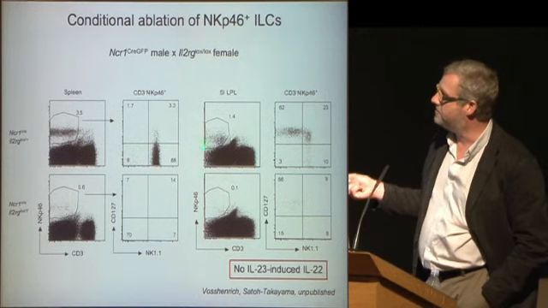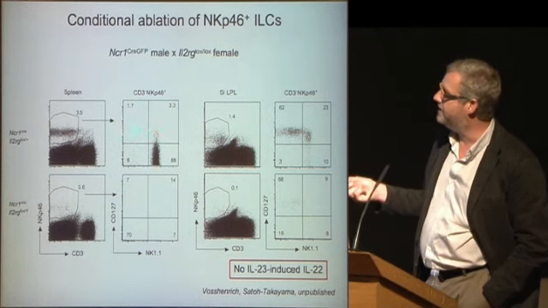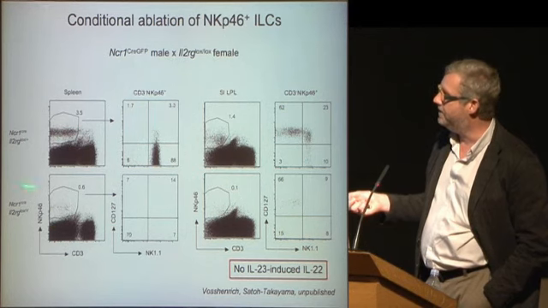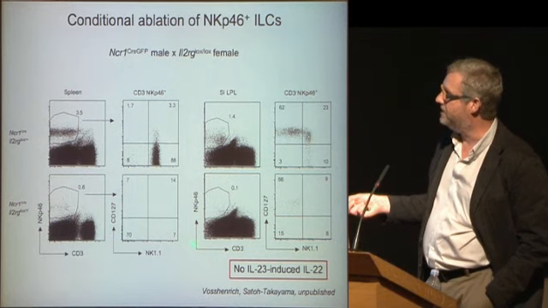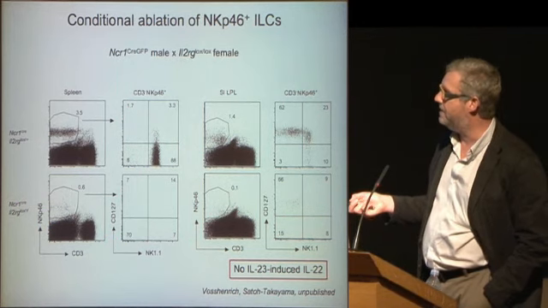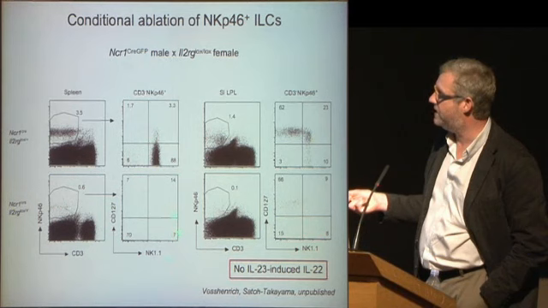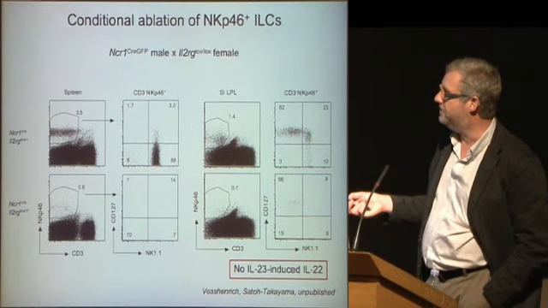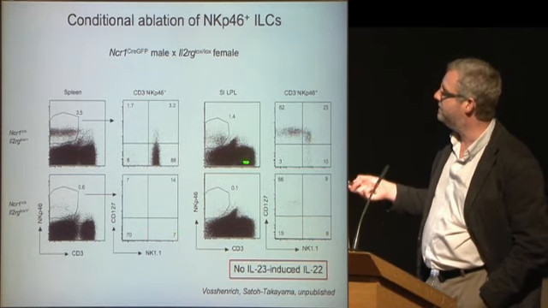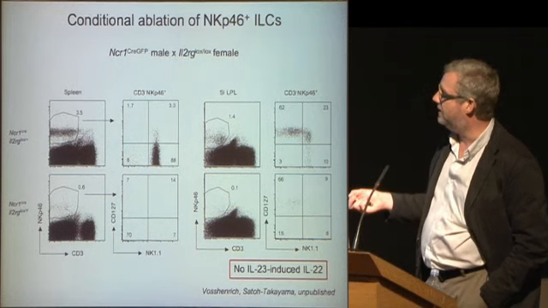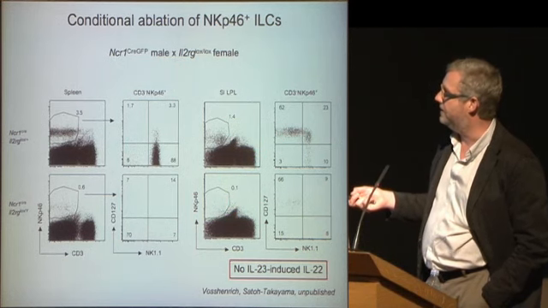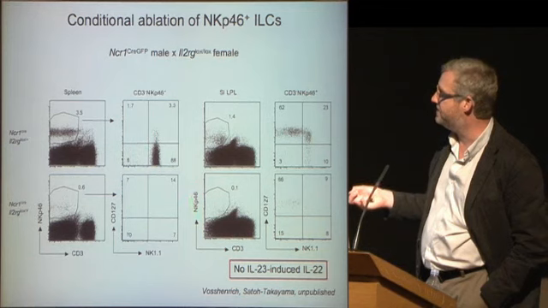Here in the flox plus control, NK cells in the spleen. Here in the flox CRE mouse with the deletion of IL-2 receptor gamma in the NKp46 positive cells, an ablation of NK cells in the spleen. And similarly in the gut, we find a very strong decrease in the percentage of these NKp46 positive cells.